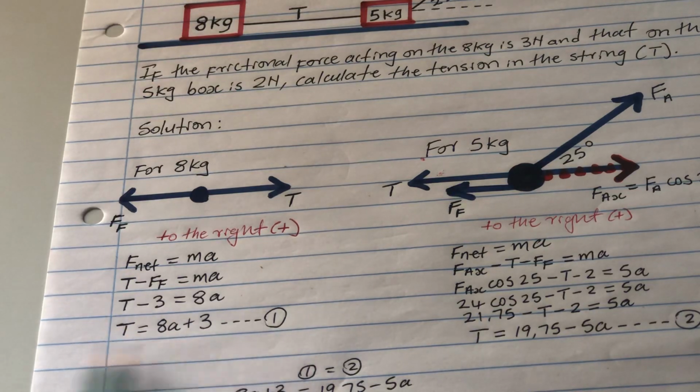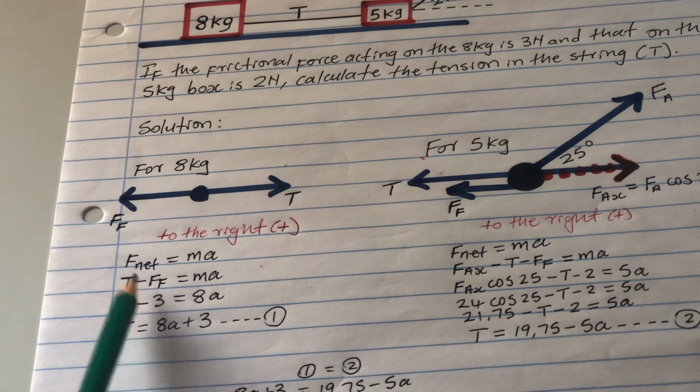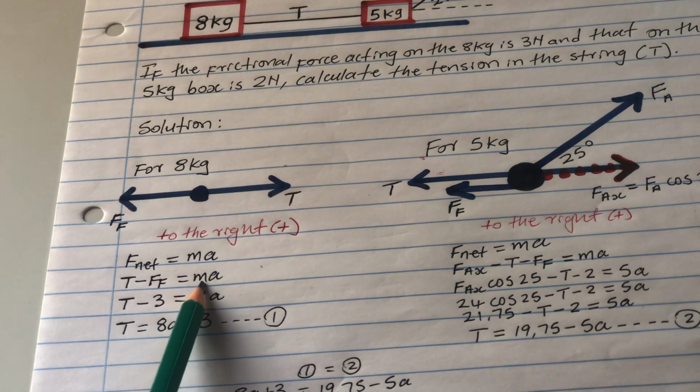Next step, if I have values, then I will substitute. Tension, I don't have it. That's what I'm looking for. Frictional force is given. It is 3, but it will carry a negative sign as FF is negative. Mass is 8 kg. A, or acceleration, is not given.